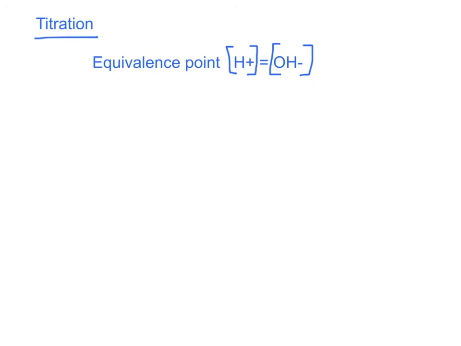Now, if the acid was equal to the base as far as their equivalence, meaning how many hydrogens or hydroxides they could give, then we'll just call it EQs.